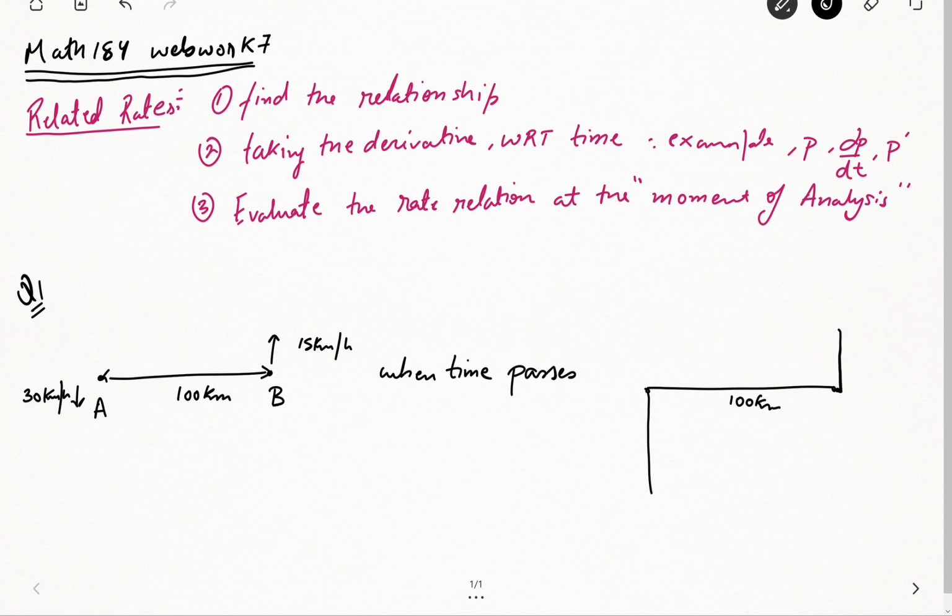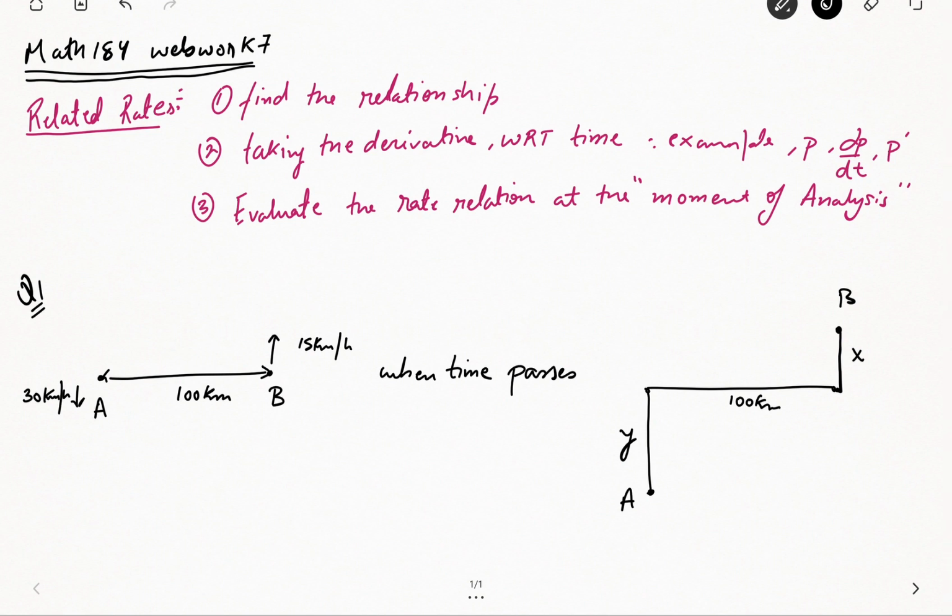That will give you the location of ship A and ship B after some time. In that time, let's assume variables. What changed for us was the position of A. So we'll say the distance that the ship traveled in that time, let's call it y, and we'll call the other one x, because those were the two quantities that were changing.